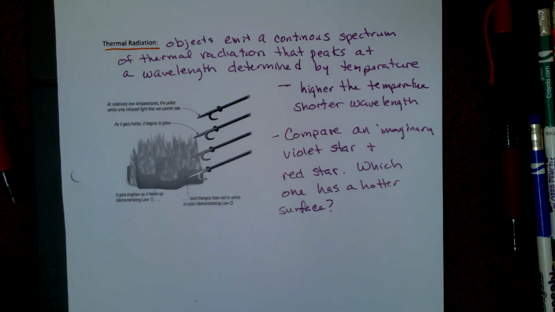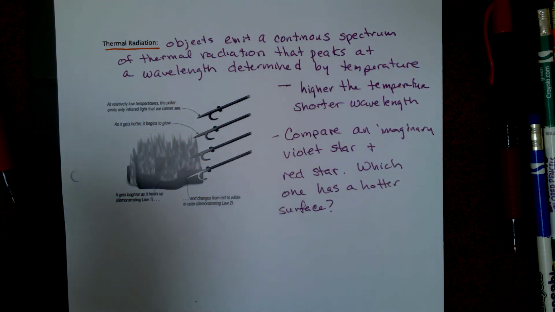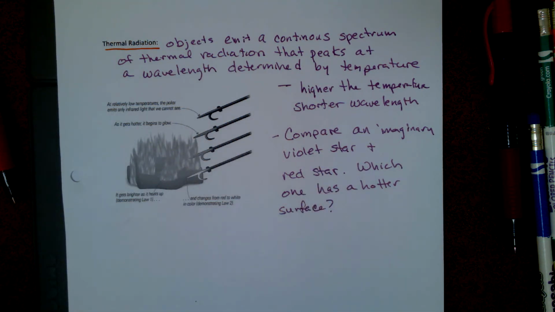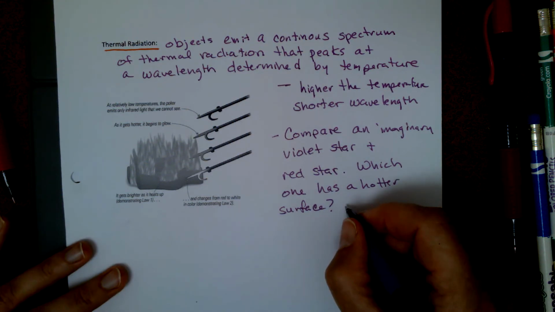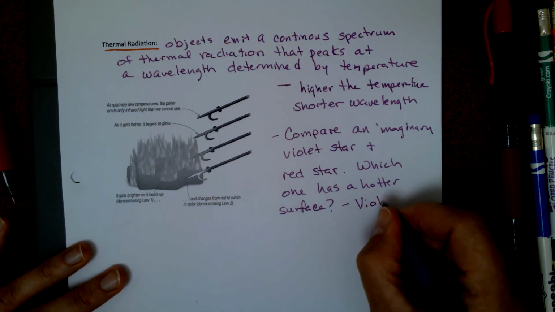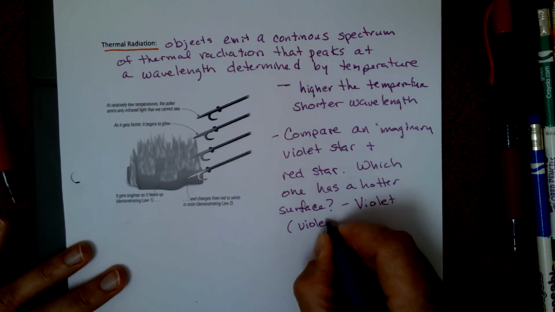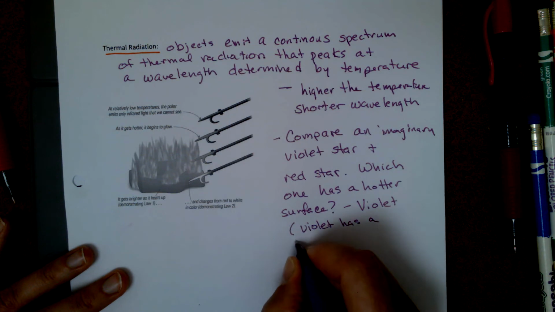So take a moment. I'm going to Dora the Explorer this. Imaginary violet star and red star. Which one has a hotter surface? Which one do you think? If you said violet star, you are correct. Because violet has a shorter wavelength.